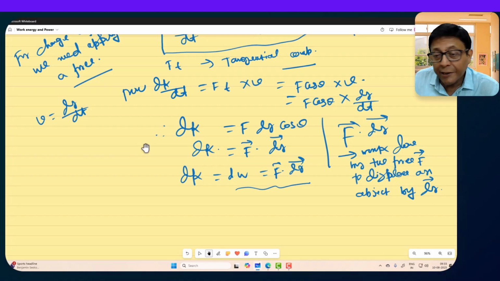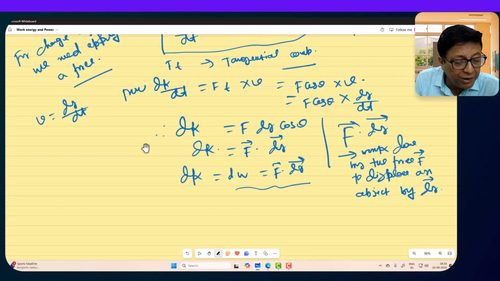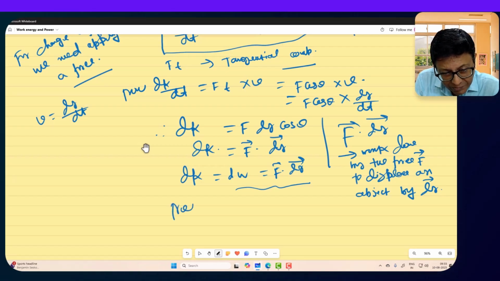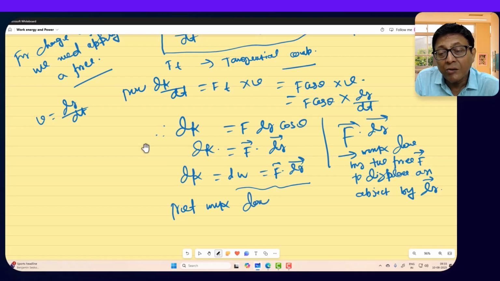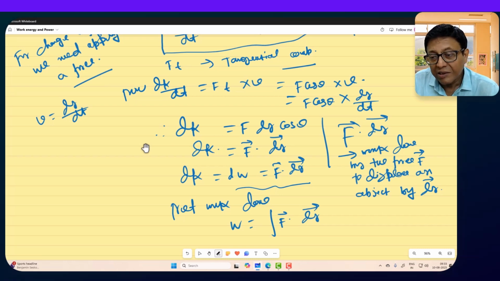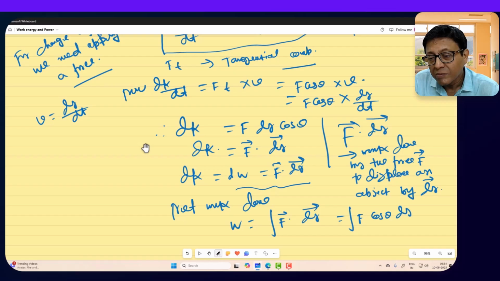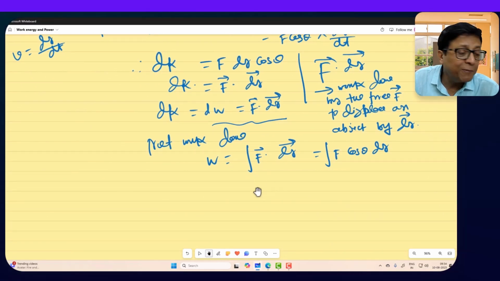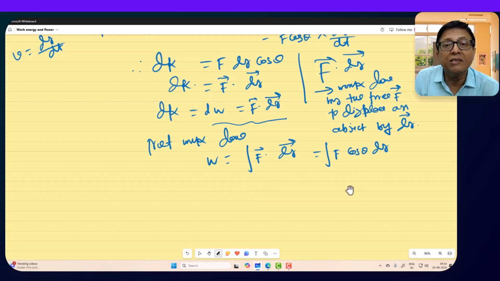Now if you are going to calculate net work done, it will be W, that is integration of F dot dr. This is nothing but integration of F cos theta into dr. But this expression stands for change of kinetic energy.